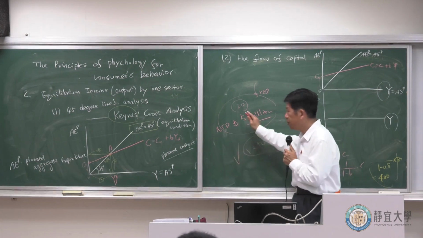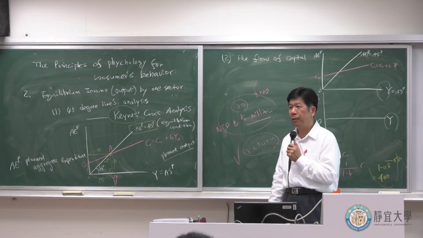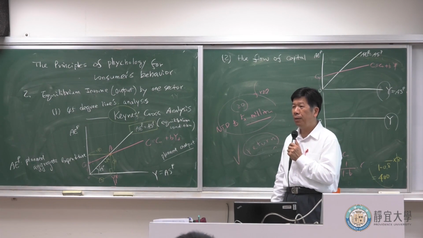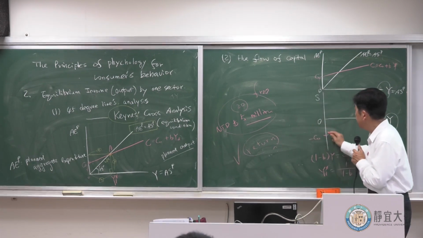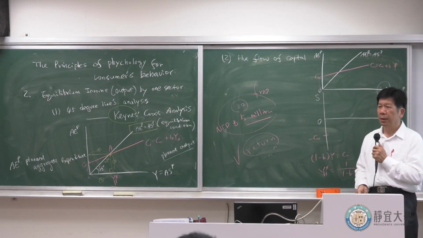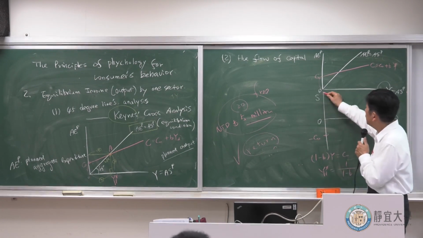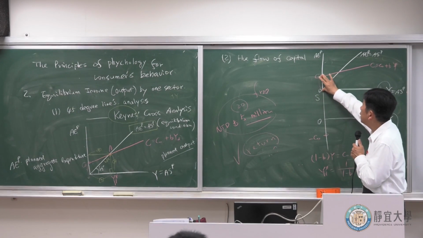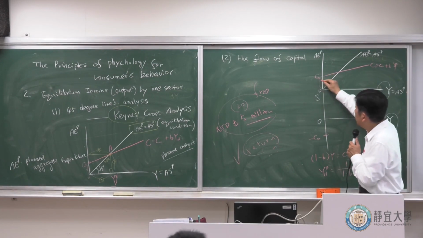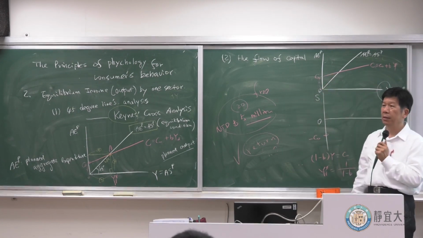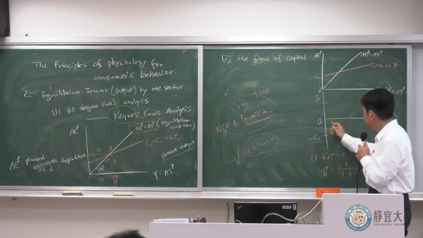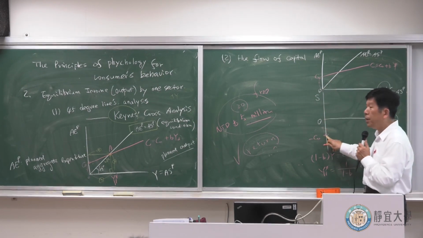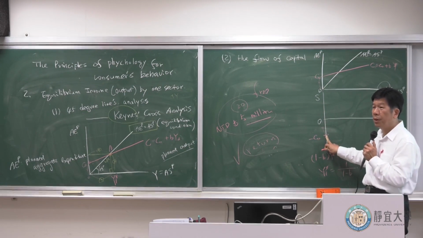You must return it to your parents. Because here it represents minus C0. Until now your earning is 0, but you already spent this money, and this money you actually borrowed from your parents. Your parents supported you.